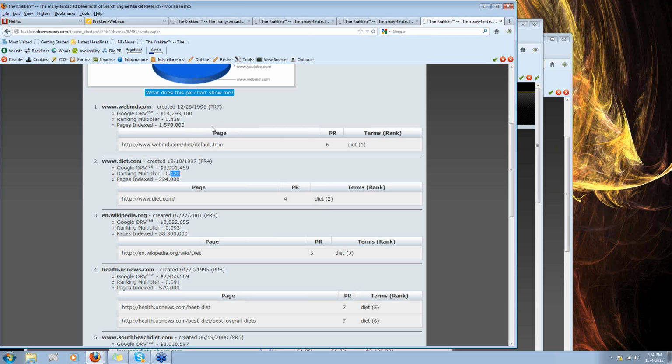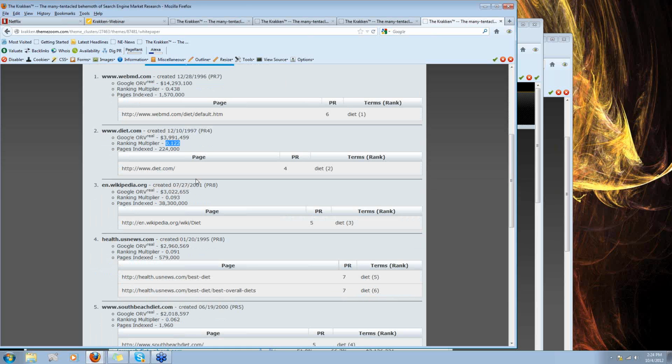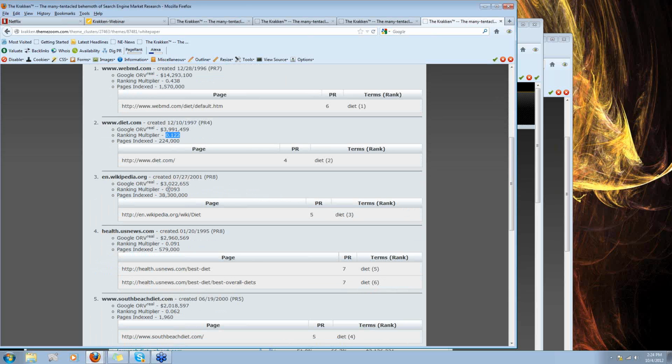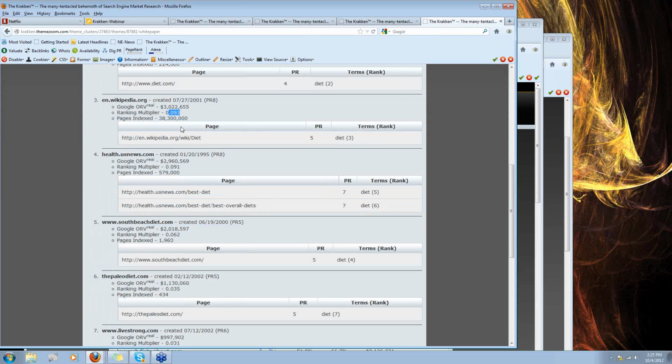So for this, we're multiplying it by 0.43 in order to get you a value for this particular domain. This is holding in position number 2. It's multiplying it by 0.122. This is in position number 3, so it's multiplying it by 0.093. This is position 5 and 6, so the fall off isn't as steep. You see the next fall off is 0.62, but that's because it's only position 4.